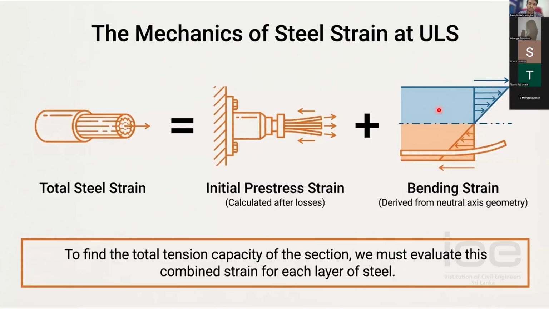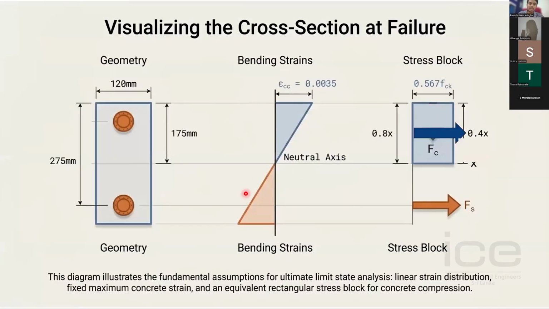Then finally, what you have to consider is this one: the balance between the compression and the tension when it is subjected to flexural failure. So in flexural failure, above the neutral axis, the top part will be subjected to compression and the ultimate strain in concrete is 0.0035.